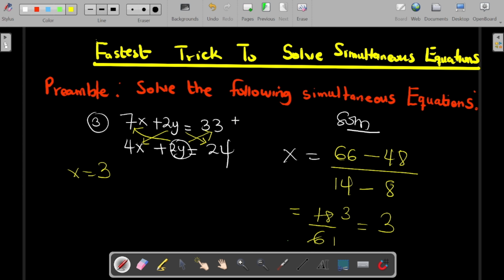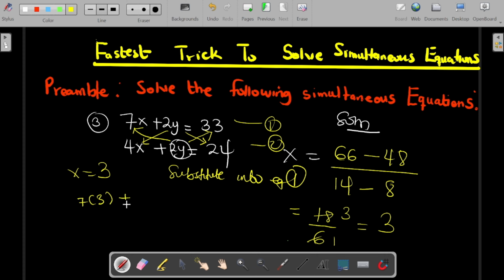And then we can now substitute it into either of the equations. In this case, let's substitute into equation 1. Okay. So since our value of x is 3, we can say that 7 into bracket 3 plus 2y is equal to 33.